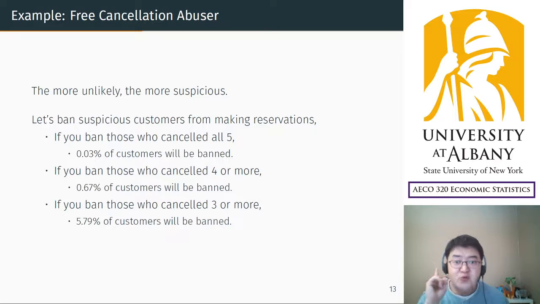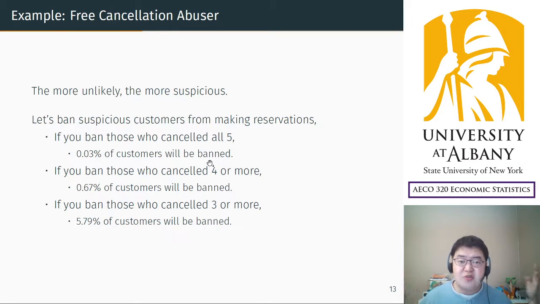So if you choose to ban those who canceled all 5 times out of 5, then you are going to ban 0.03% of customers, right? Other than abusers, 0.03% of innocent customers will be banned because they are suspicious, and they cannot prove themselves innocent.